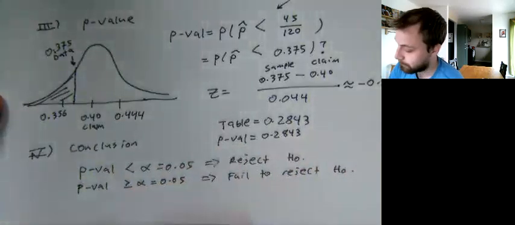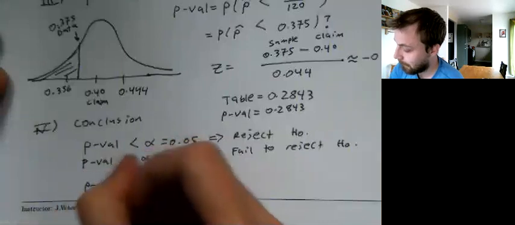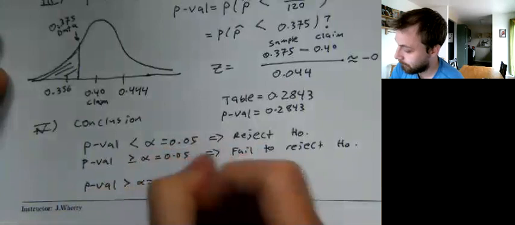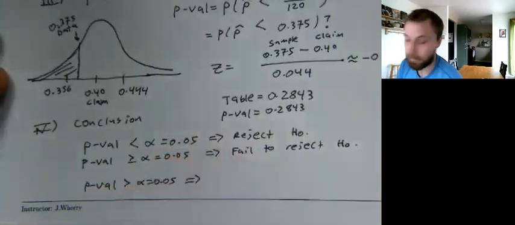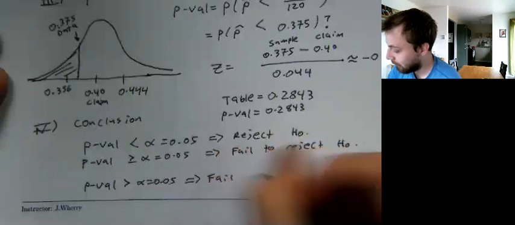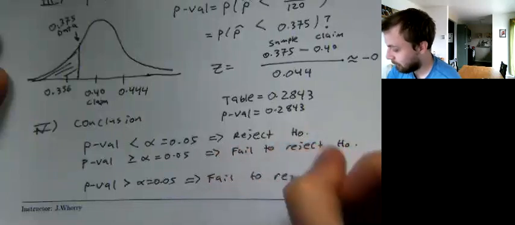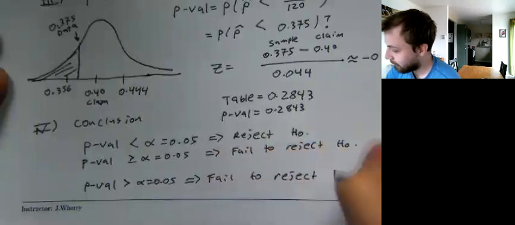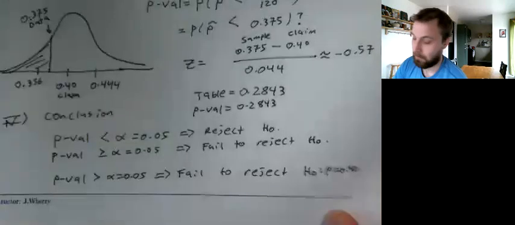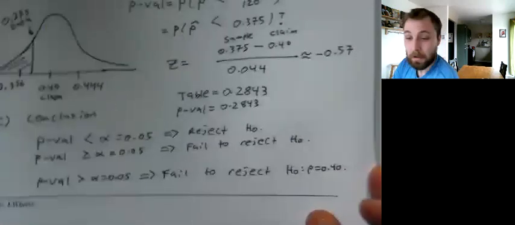In this case, I have a large p-value. It's bigger than my 5% cutoff. And since it's a large p-value, I'm going to fail to reject the null hypothesis that 40% of cats are kittens, or orange tabbies.